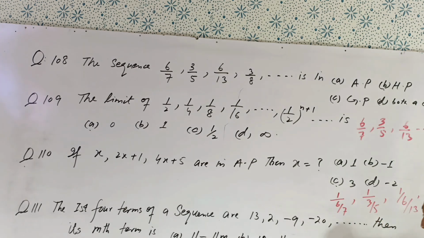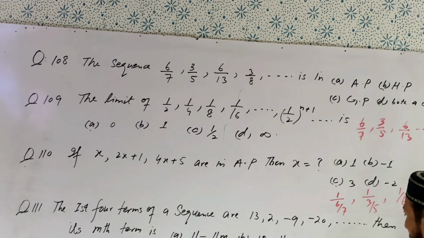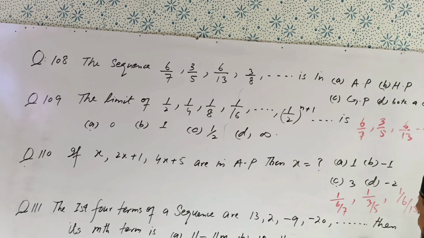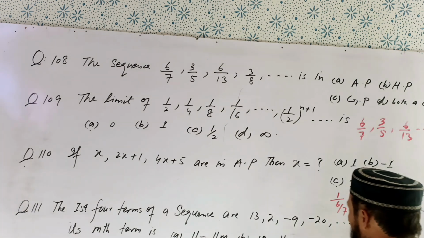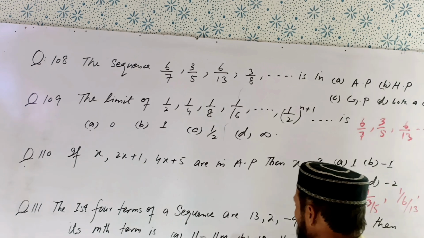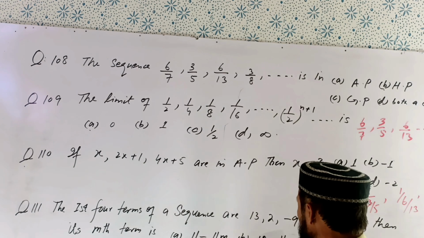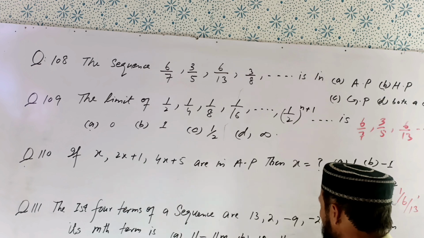So we can write 7 divided by 6, 5 divided by 3, 13 divided by 6, and so on. Now finding the common difference, the second value minus the first value: 5 divided by 3 minus 7 divided by 6.